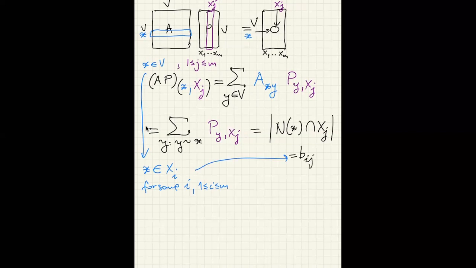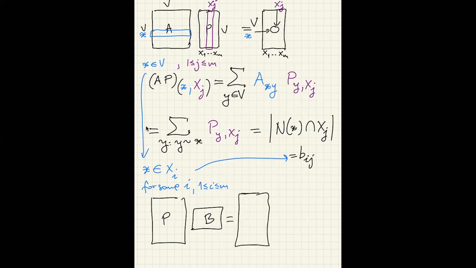Okay. All right, so I'll be quick, so I'll finish the other part now. I'm a bit over time, I'm sorry. So when we do the other expression, P times the matrix B, we'll do a similar computation. This result will be a tall matrix, indexed by V on one side and by X1, ..., Xm on the other.